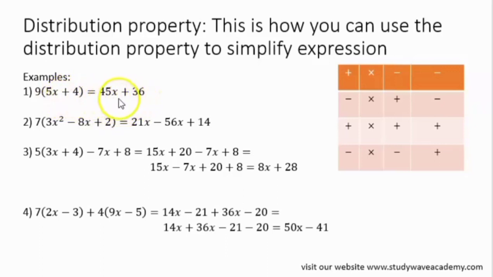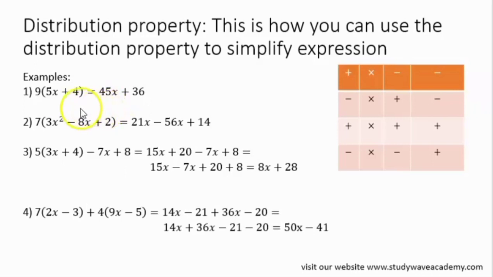We'll move our plus sign over here. So the simplest expression of our number 1 question is 45x plus 36. Okay, I hope we understood.